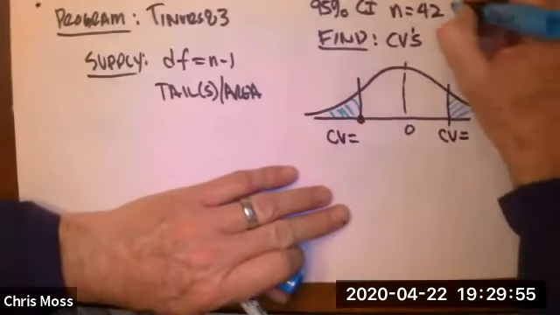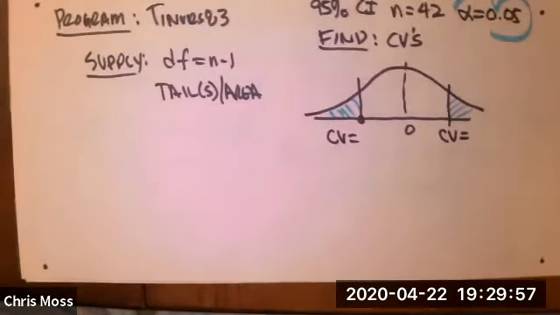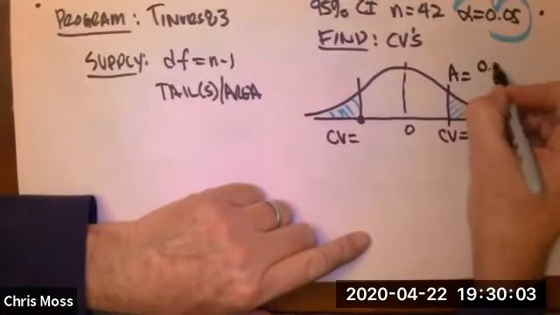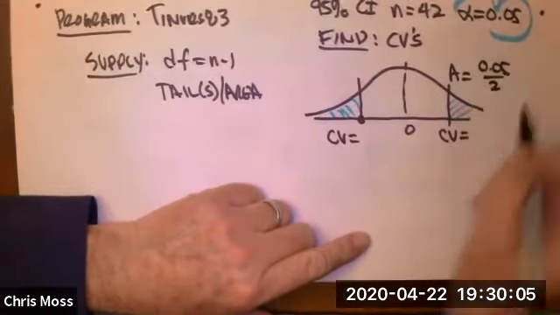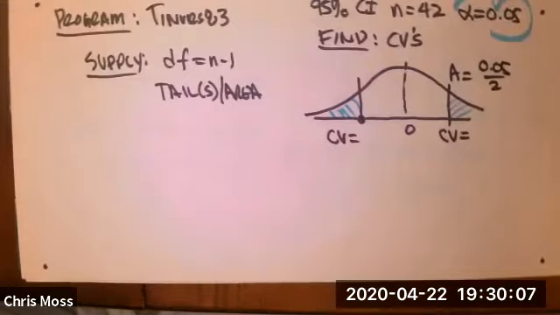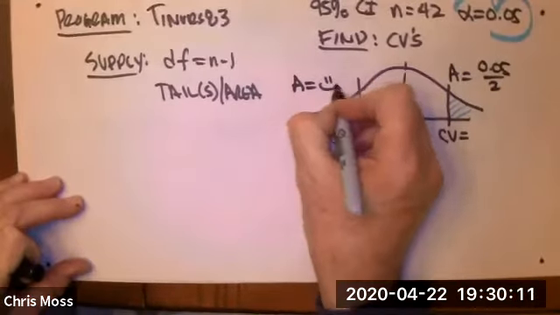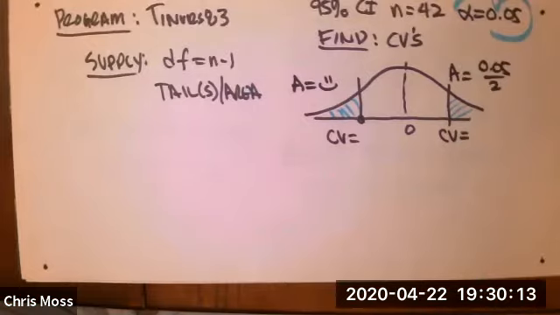That is the 0.05. So each of those areas, I guess if you want to think of it that way, is 0.05 all over 2. Sometimes we need that expression, sometimes we don't. Here, we're going to be just fine with the 0.05.